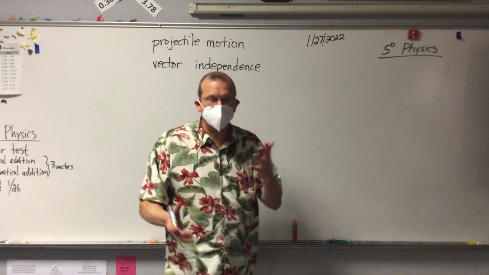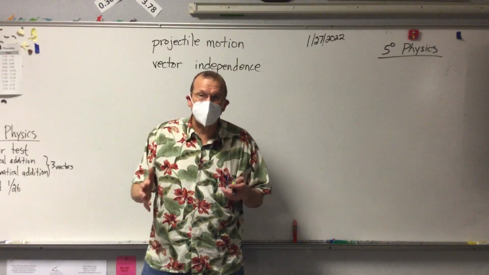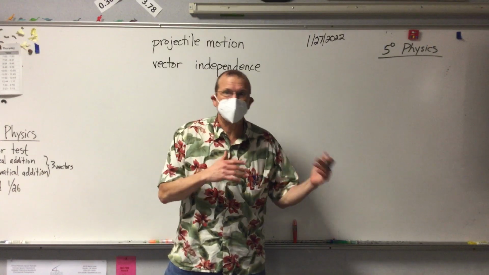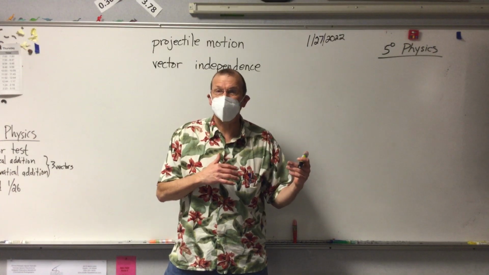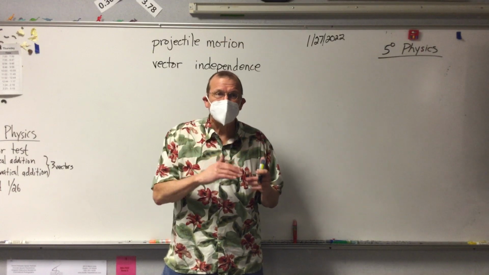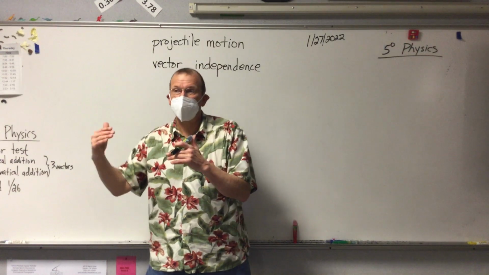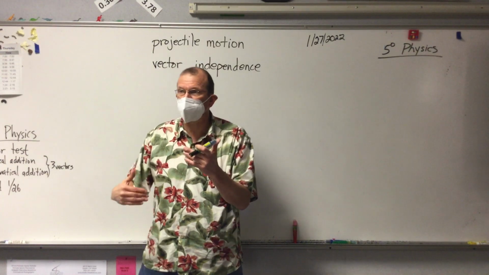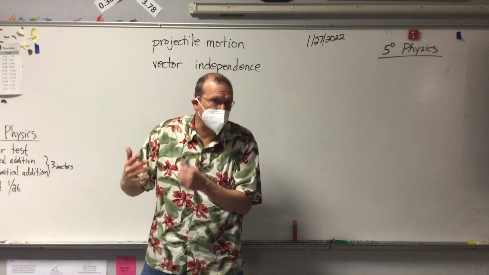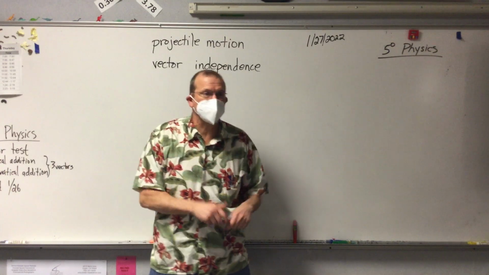And sometimes that can be challenging for people to be okay with, because they'll want to say things like, but aren't things still happening in that other dimension? And the answer is yes, but because it's acting at a 90-degree angle, it's not making something in the other dimension any bigger or smaller, and it just stays the same. Or whatever behavior you're talking about continues to happen unimpeded by the other dimension.